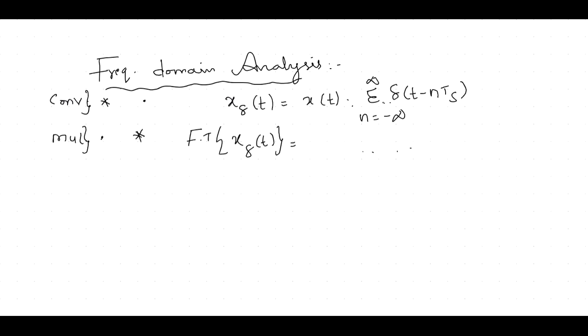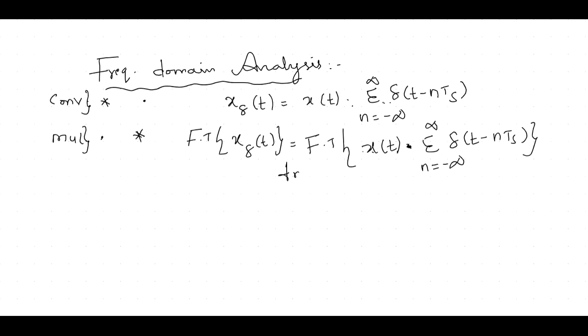So if you apply Fourier transform on both the sides, this is nothing but Fourier transform of x of t into summation, whole signal I am writing first, delta of t minus nTs. Fourier transform of these two signals which are multiplied in time domain. From the multiplication theorem, if two signals are multiplied in time domain, then the Fourier transform is convolution in frequency domain.